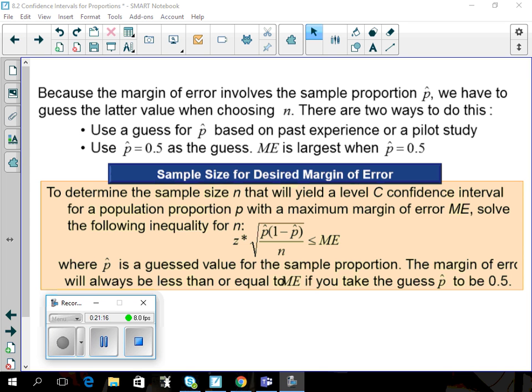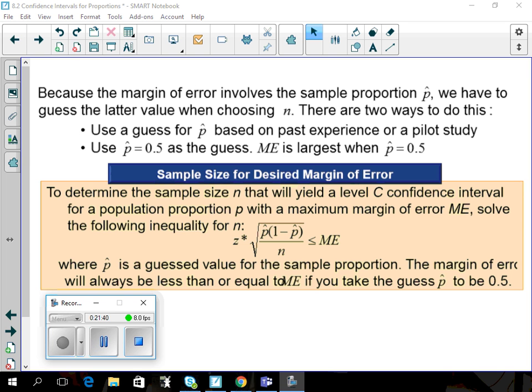Well, it has to do with what's in the numerator of our standard error. 0.5 times 0.5 is 0.25, right? What would 0.3 times 0.7 be? Less than that. What would 0.2 times 0.8 be? Less than that. Anyway, you get the idea.